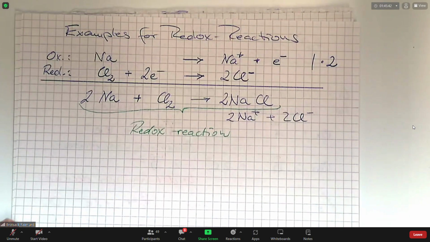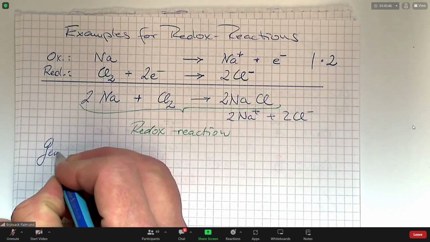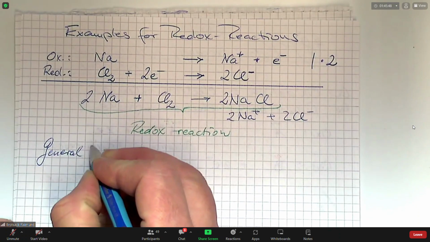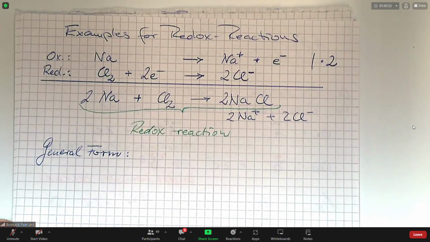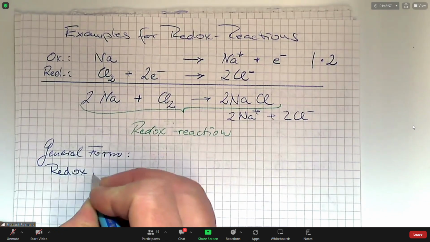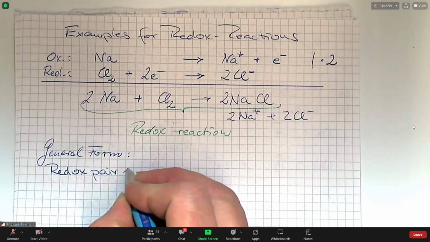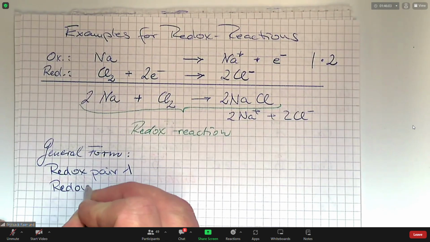Again, try to translate it into a general form. We have a redox pair 1, and we have a redox pair 2.